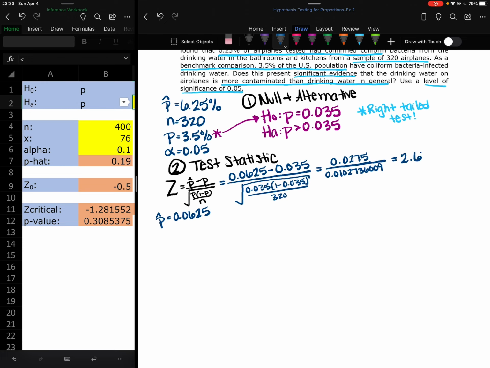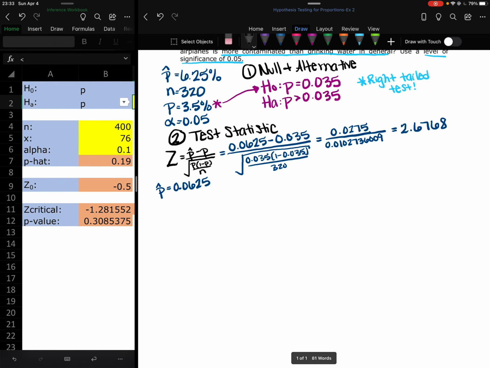And I get a z-score of 2.6768. And let's put a little note back up here. This is if you're doing this by hand.